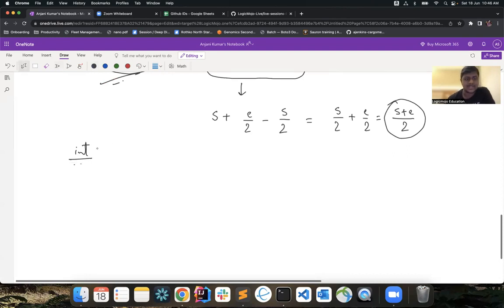How much data can an integer hold? 4 bytes, right? How much is 4 bytes? 32 bits, right? 1 byte is equal to 8 bits. So 32 bits. What does 32 bits mean? How much data can it store? Basically 2 to the power 32 minus 1, I think.